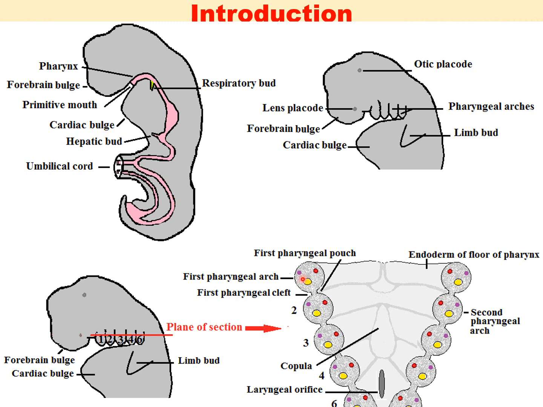The vascular elements are represented by the aortic arteries. We will talk about it at the end of this lecture.